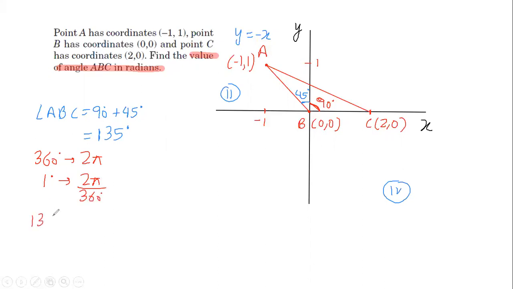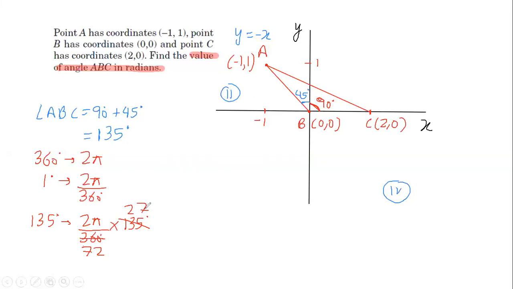Now, for 135 degrees, I'll take 2 pi over 360 and multiply it with 135, and I'll get the value. If I try to solve this, 135 goes with 5, 27 times, and 360 goes with 5, 72 times.